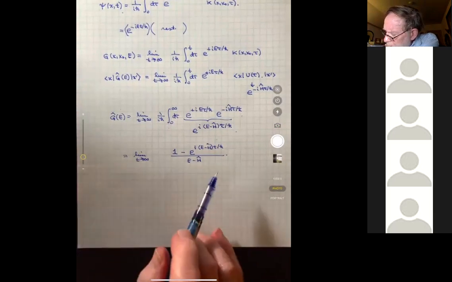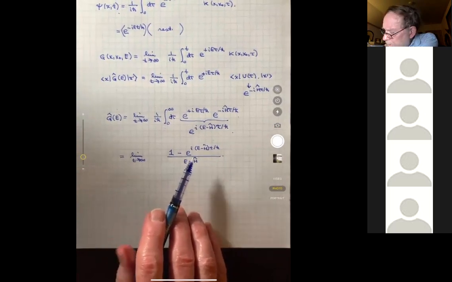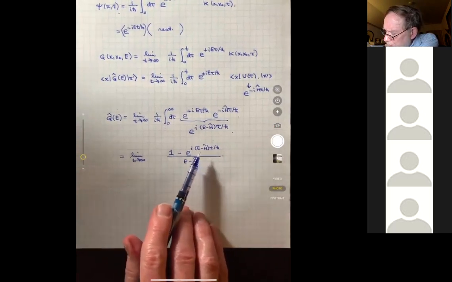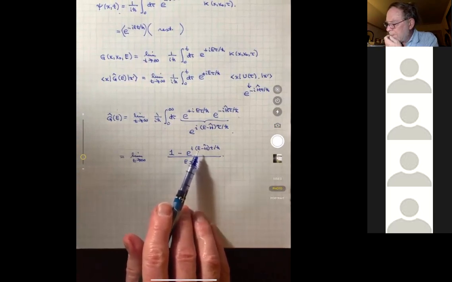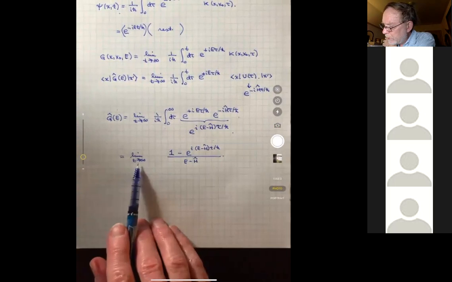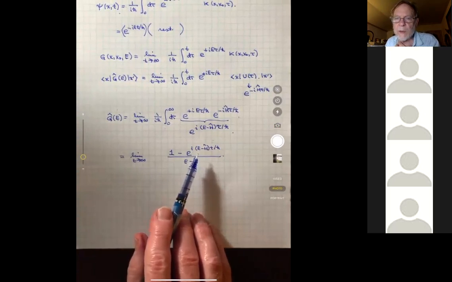But the problem is that this limit doesn't exist. The Hamiltonian H hat is shifted by an energy E, but as T goes to infinity, this is like something that just continues to oscillate up and down and never approaches a limit. I don't want to get into details of what it means to talk about the limit of an operator.